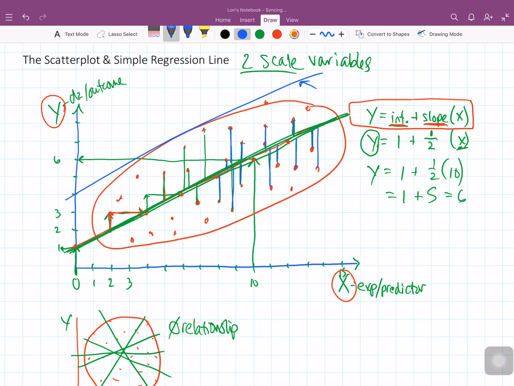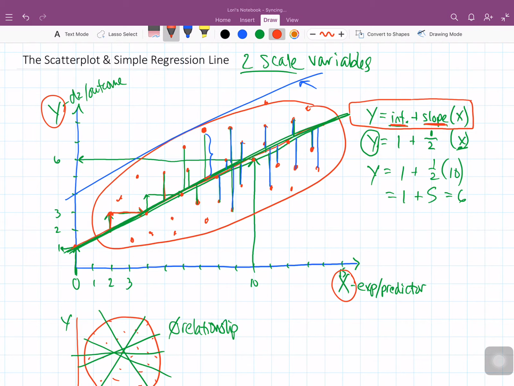So the least squares means that I take all of these differences between the observed values and the potential regression line, and I square them, and I find the number that is the absolute smallest, and that's where that line ends up going.